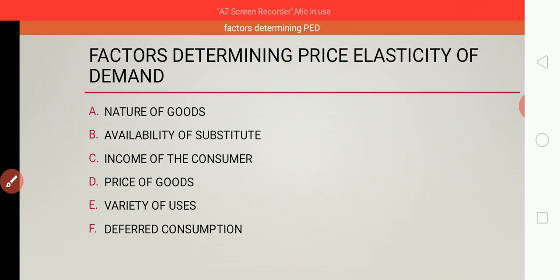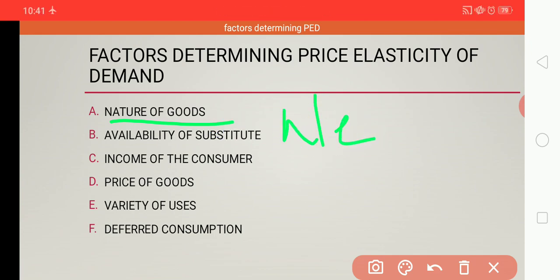Now in the nature of goods, we have necessary goods, like rice, wheat, sugar. Because such goods are essential for life, we need them, and the demand for these goods will not change much in response to change in their prices. So the demand is less elastic, that means it will be inelastic.